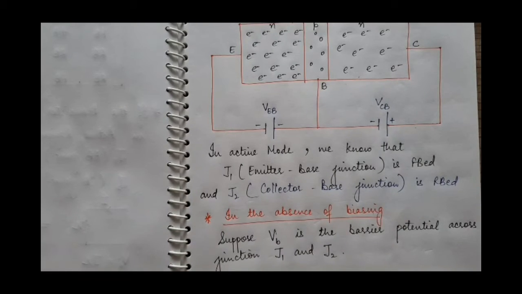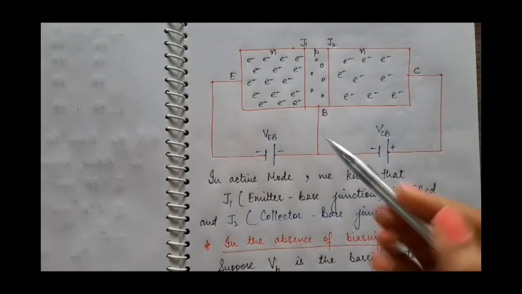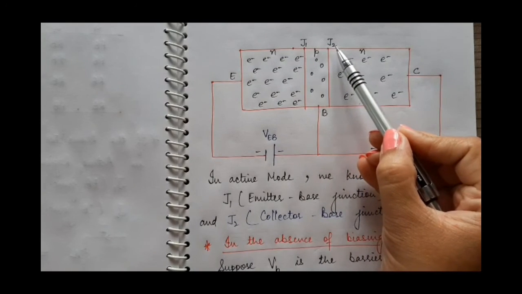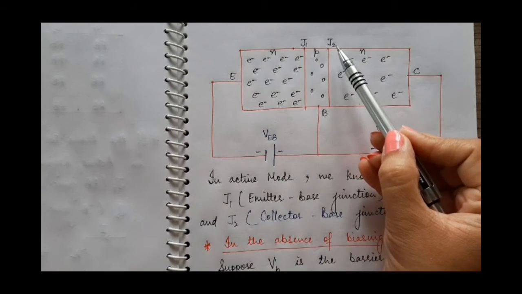And now we know that the height of the potential barrier gets reduced when the junction is forward biased and gets raised when it is reverse biased. So this means in the case of junction J1, the potential barrier will be reduced, and in the case of junction J2, the potential barrier will increase or be raised.